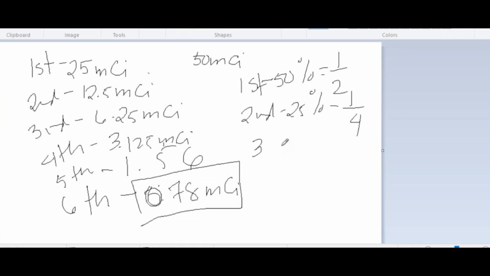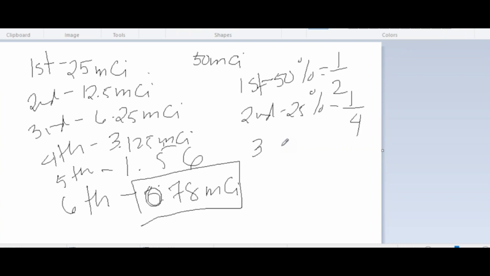The fraction of activity on the third half-life is 1/8, so letter C. The first half-life is 50%, the second is 25%, then the third and fourth half-life.